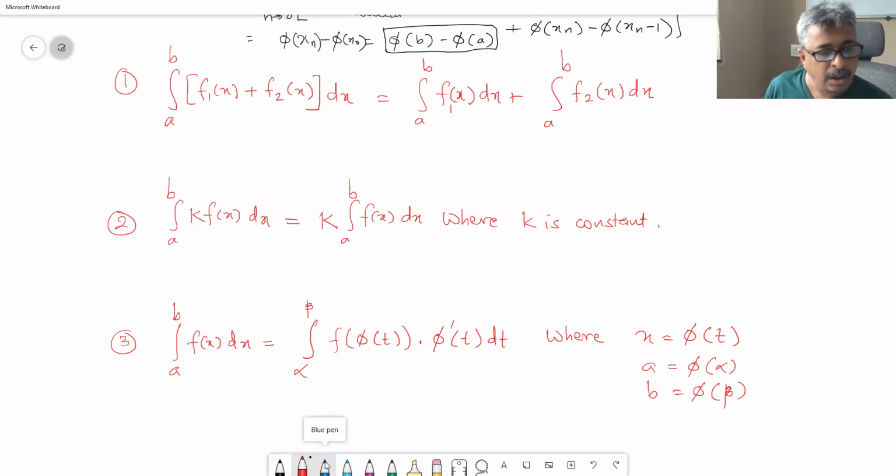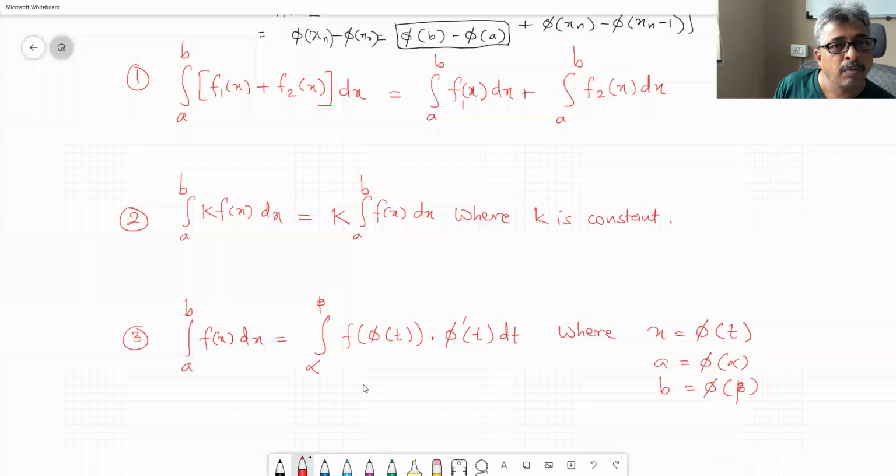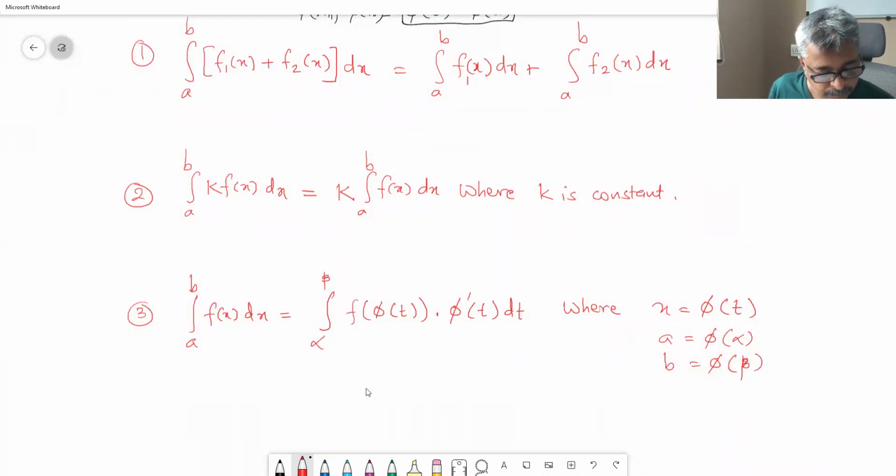And rule number 4. Integration by parts.